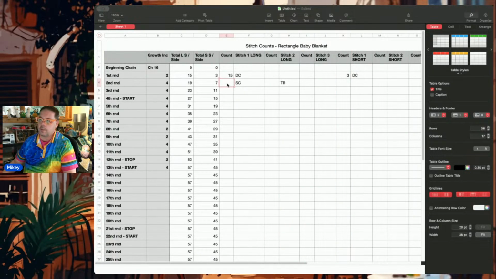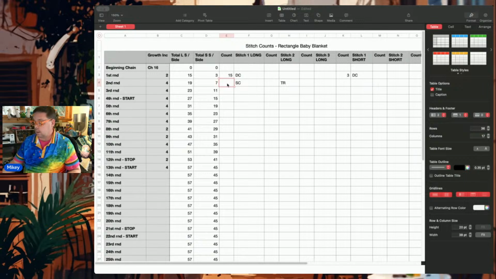Okay, so second round is unique. There are 2 different types of stitches here, so let's get that in. We have a total of 19 stitches. Single crochets, there are 6, 7, 8, 9, 10.